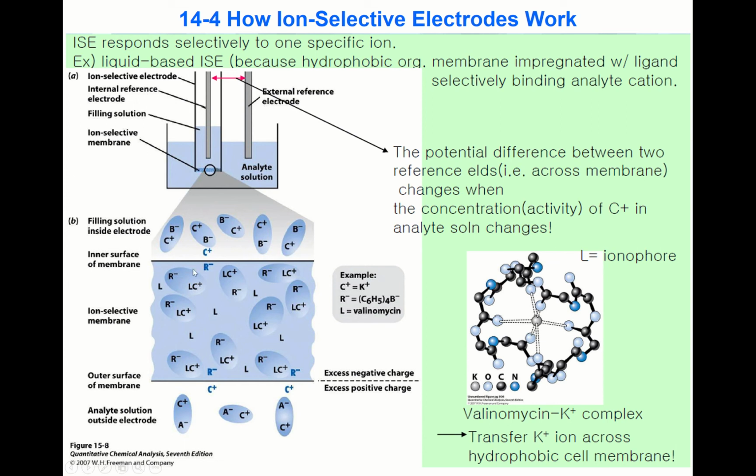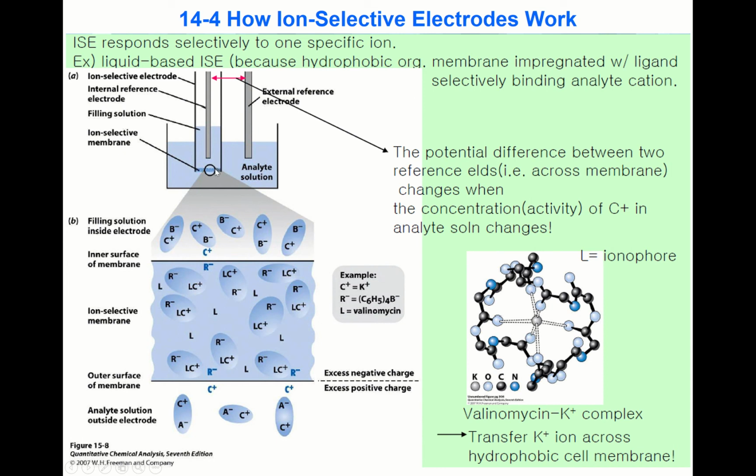You have a reference electrode, and then you prepare this ion selective electrode. Inside the ion selective electrode there is an internal reference electrode. So you measure the potential difference between internal and external reference electrodes. The internal reference electrode's role is to measure the potential developed by this ion selective membrane.